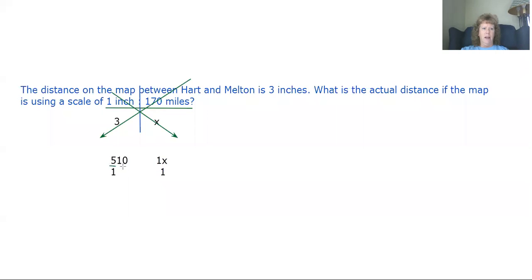If you divide by 1, you still have the same amount. So 510 is equal to X. The actual distance will be 510 miles.